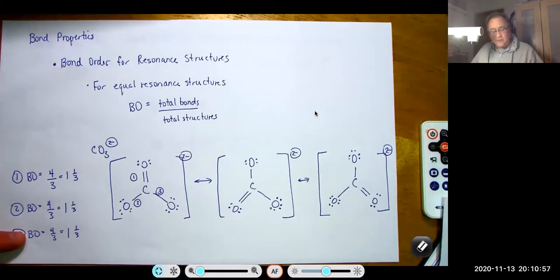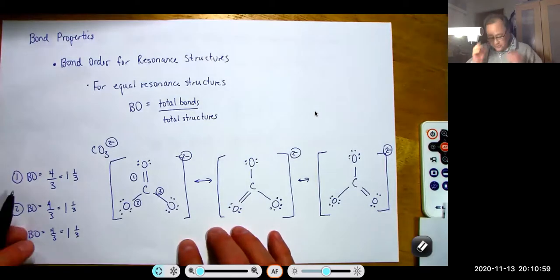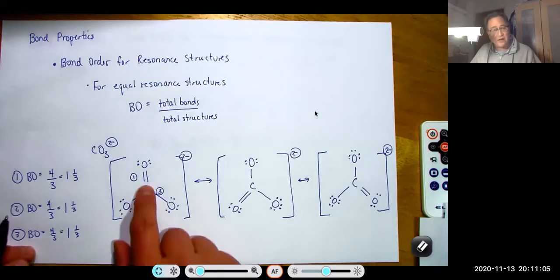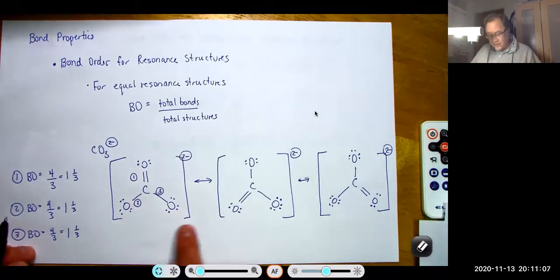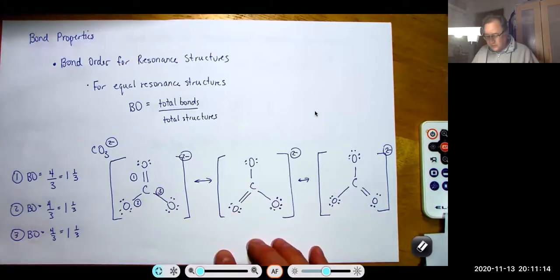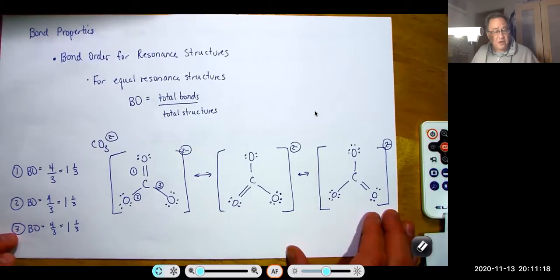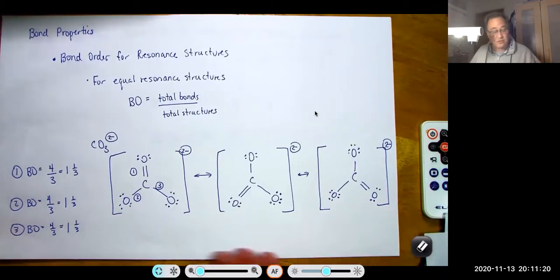Let's take a look here at bond order for resonance structures. For the carbonate ion, there are 3 resonance structures. One can have the double bond on this oxygen, one can have the double bond on this oxygen, and the third can have the double bond on the third oxygen. Really, each of these represents the polyatomic ion carbonate.